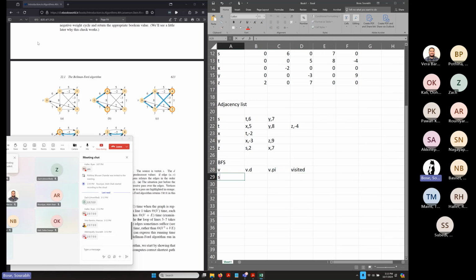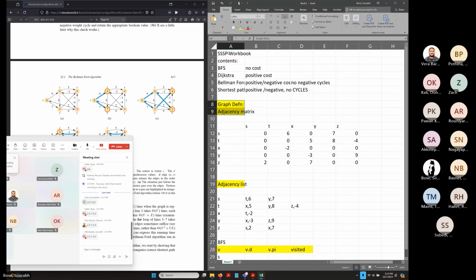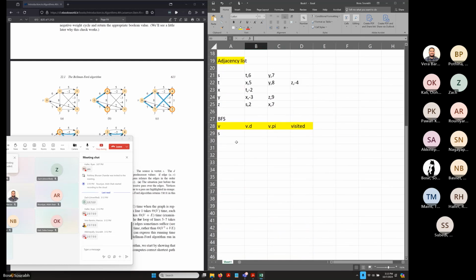We will list out the vertices S, T, Y, and so on. Hold on, before I do that, let me color code the thing. So S, T, X, Y, Z.